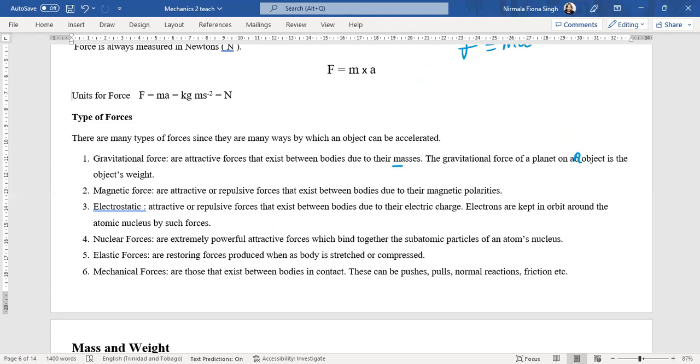You can put it in the chat too. What type of charge lies within the nucleus of an atom? Anyone?